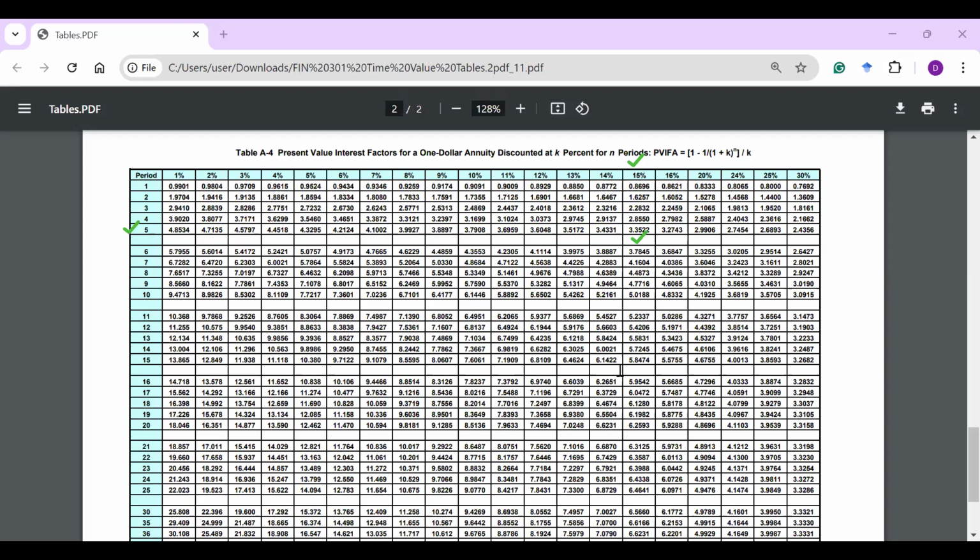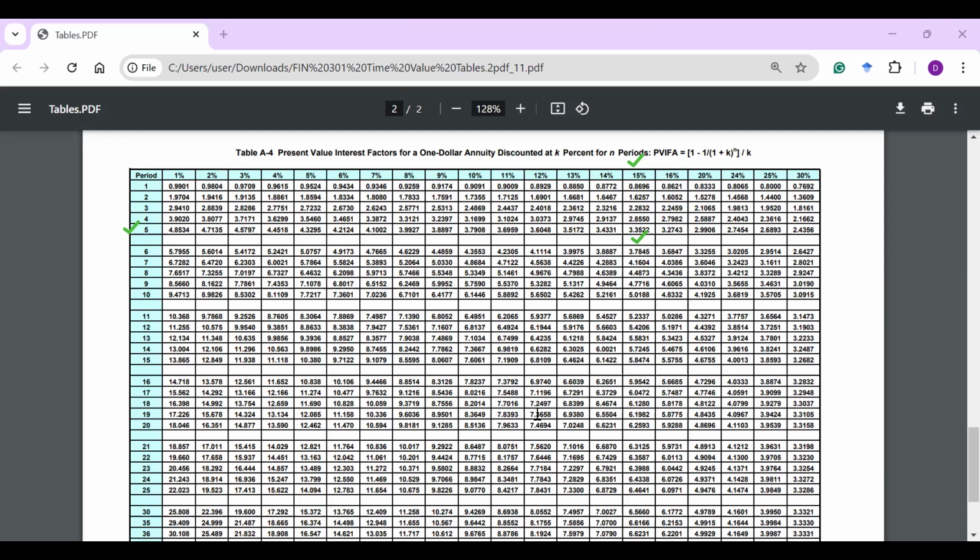What we did, we just highlighted the number of periods, which is 5 years. And now we check the factor, which was 3.35, which we got by dividing the present value, 85,000, by the payment.